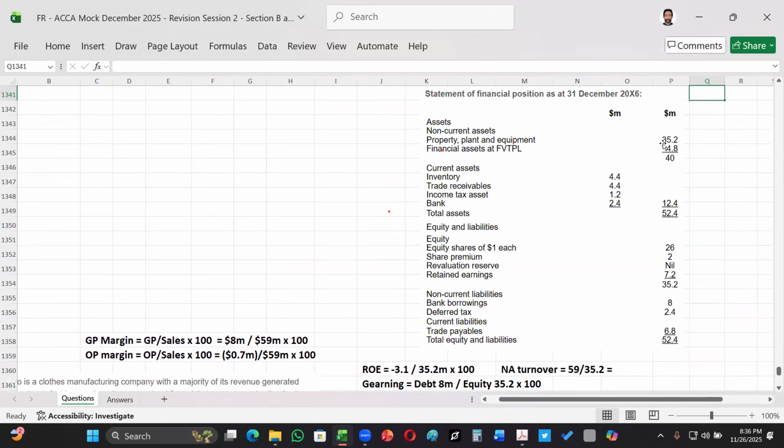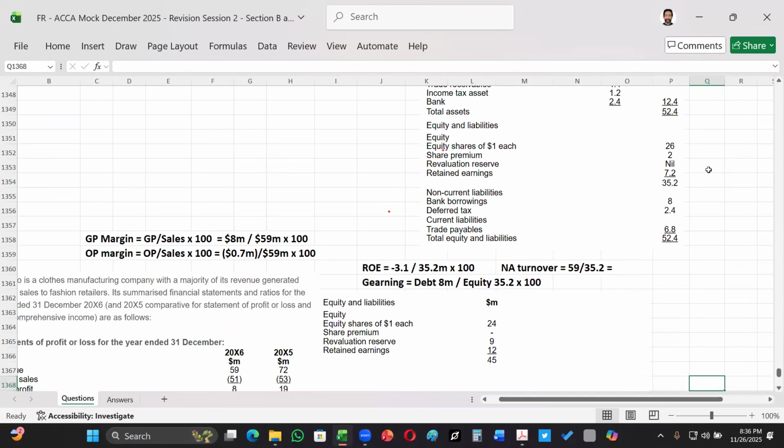We take the sales as a comparison of whatever we have invested in the non-current assets, which is property, plant, and equipment. I have not included the financial asset because that is not part of generating the revenue. Okay, I hear you. Thank you, sir.